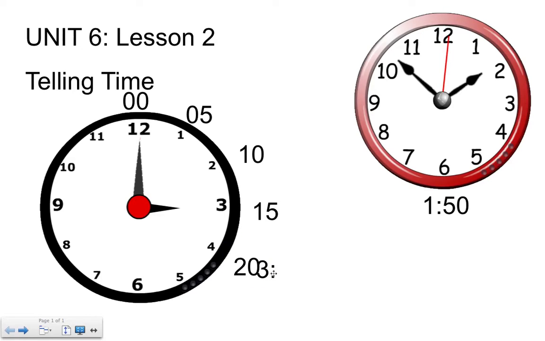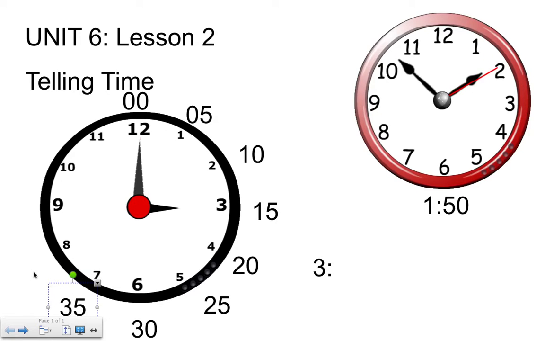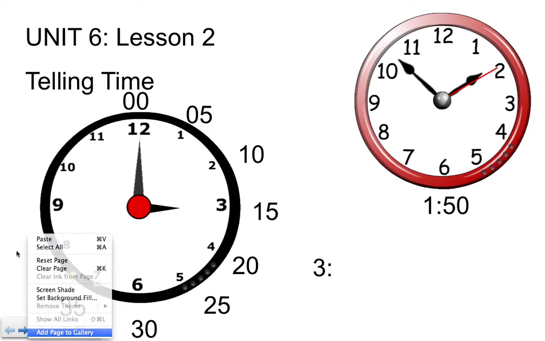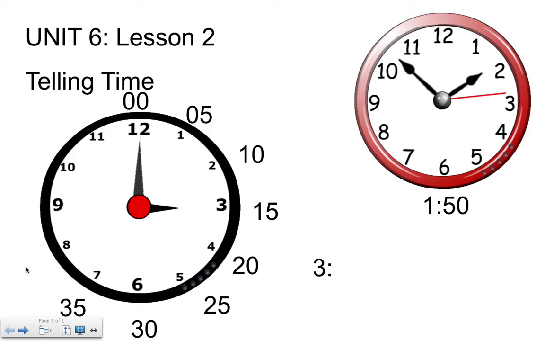Again, I'm counting by 5s, right? This would be 25. This would be 30. 35. Oops, sorry. 40, 45, 50, and then 55, and then back up to 0. We wouldn't say 60. It stops at 60.